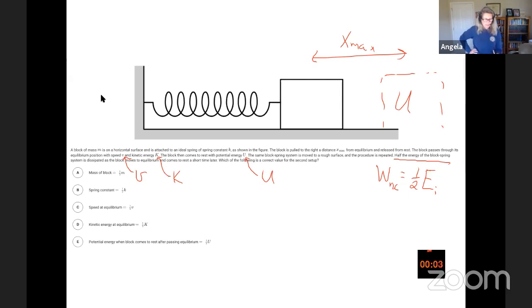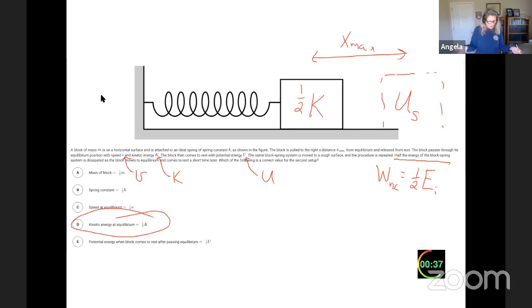But since there's friction, it only ends up with half the kinetic energy, because at equilibrium it doesn't have any spring potential. So it would have half the kinetic energy at equilibrium as the other situation. Its speed isn't half though, right? Its speed would be 1/4. Spring constant is the same. It's the same spring. The block has the same mass.